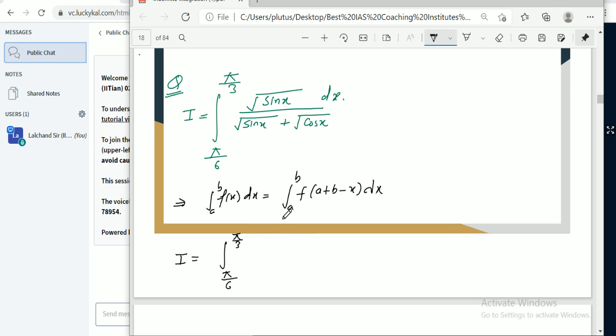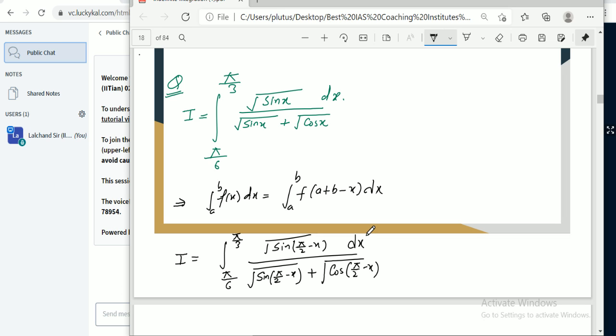So we have sine. What is the sum of these two angles? That is 90 degrees. So we get root of sine(pi by 2 minus x) divided by root of sine(pi by 2 minus x) plus root of cos(pi by 2 minus x) dx.